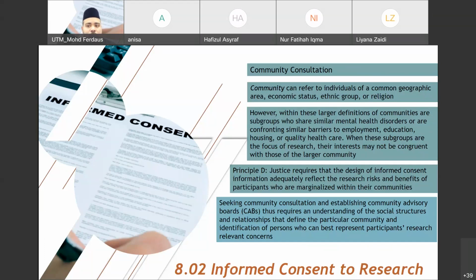Community can refer to individuals of a common geographic area, economic status, ethnic group, or religion. Or, for example, in your case as students, there is a lot of research conducted on students. They want to see the difference in personality between international students and local students.